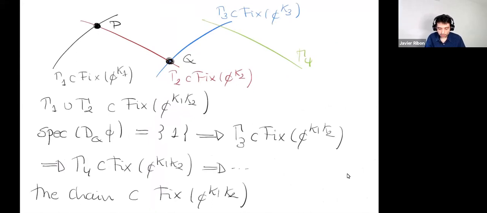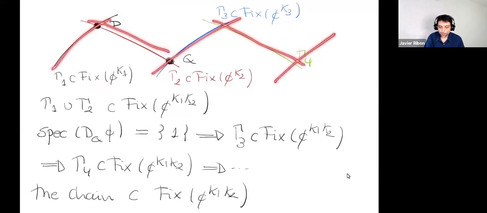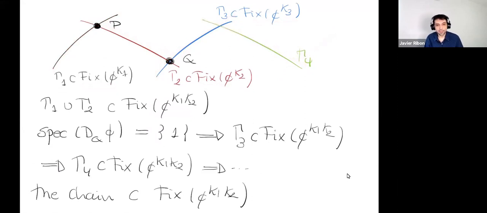What we can do is we consider a sequence of irreducible components of fixed points of some iterates of phi. And a chain is a sequence of curves of this form in which every curve intersects the next one. So gamma 1 here is contained in the fixed point set of the K1 iterate, gamma 2 in this other fixed point set.